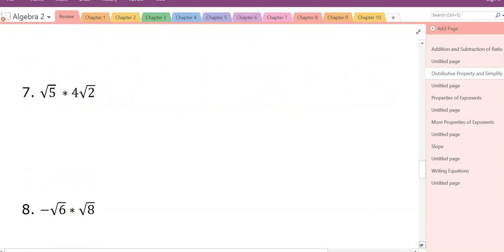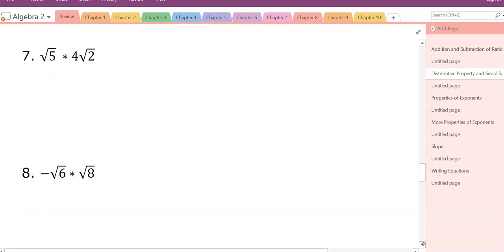If you have problems where you're trying to multiply square roots or things underneath the radical, anything outside of the radical can be combined and anything underneath the radicals can be combined. So for this one, 4 needs to stay out front and 5 times 2 is 10. So that's going to go underneath the square root sign. For number 8, when I multiply, I have a negative sitting out front, and underneath I have 48.